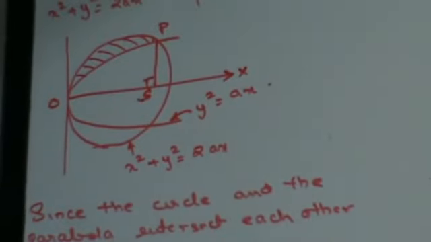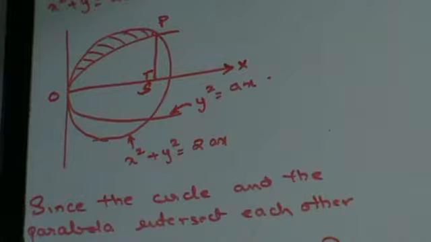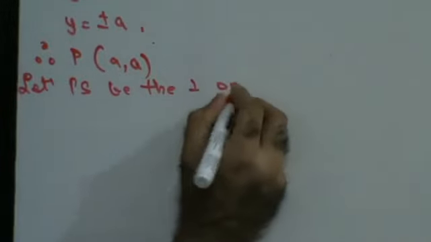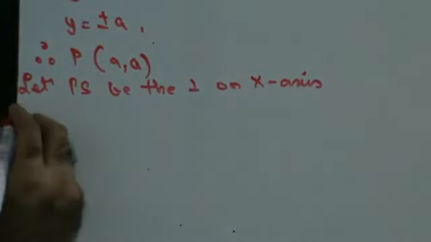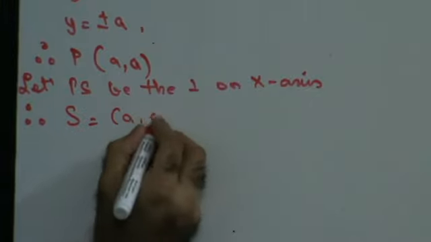So I can drop a perpendicular. Let us assume PS is the perpendicular on x-axis. Now, in that case, I can say that S is going to be equal to a comma 0.